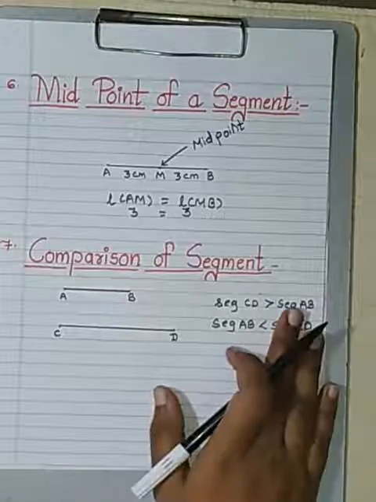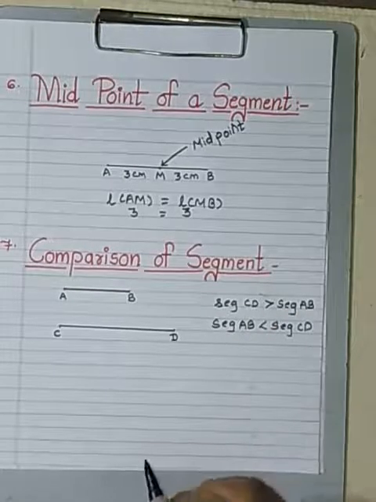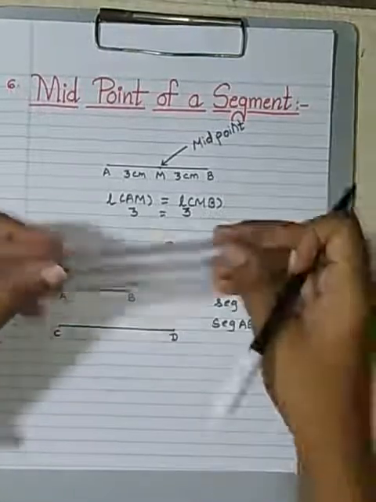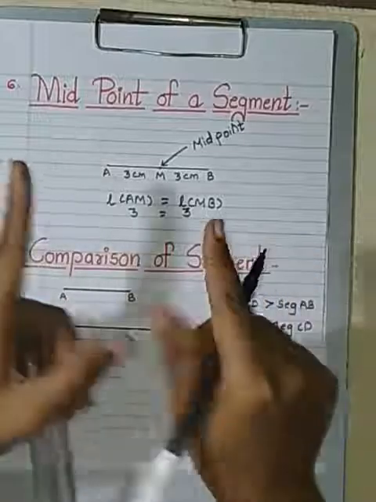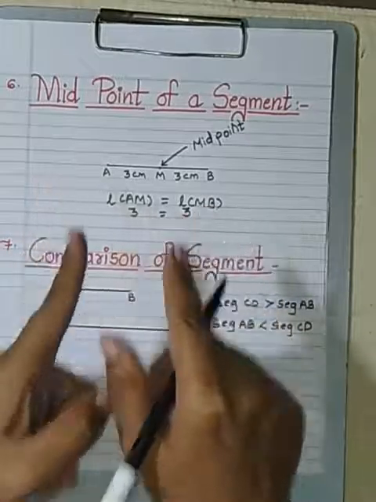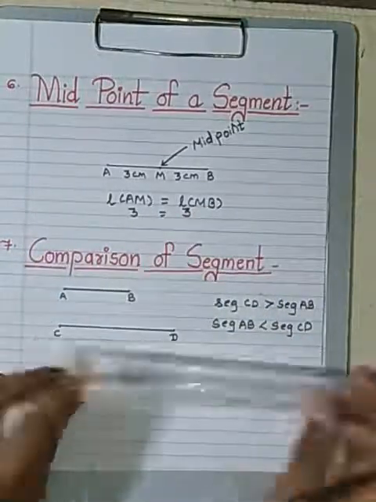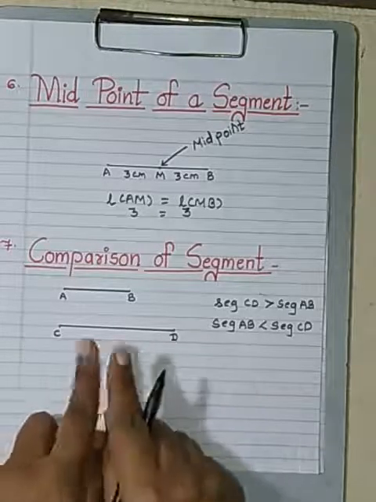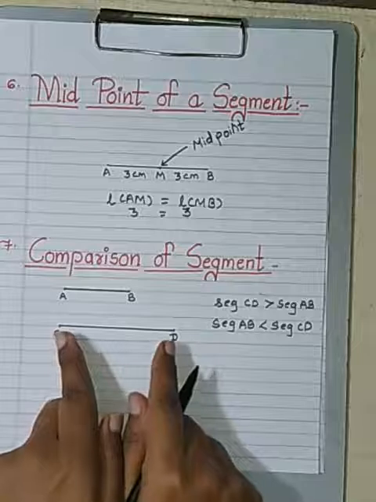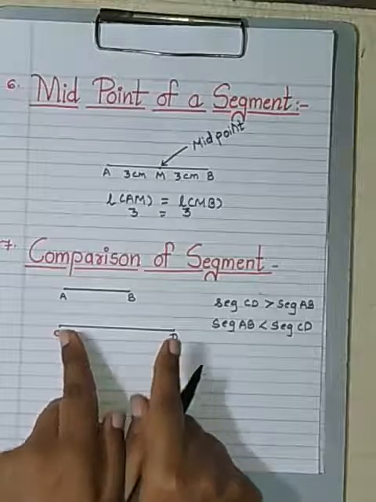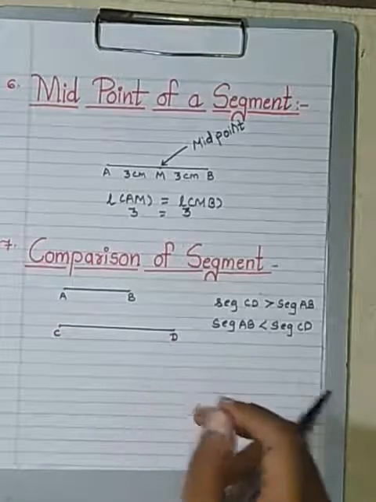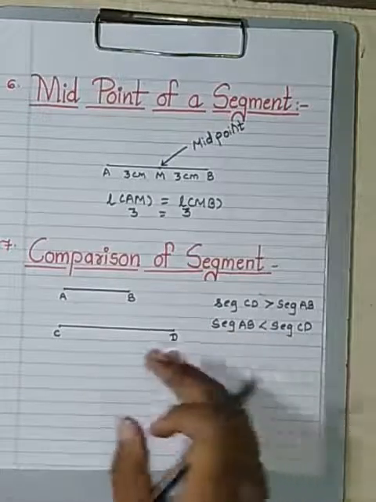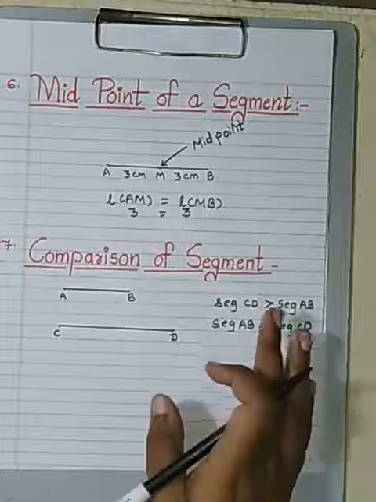You cannot tell, because the difference is just a point. Therefore you have to take a ruler or a divider. Put the ruler on the line and measure its distance, or put the two points of the divider on the endpoints of the line segment and measure the distance. In this way you can compare the two lines and know which line segment is bigger and which is smaller.